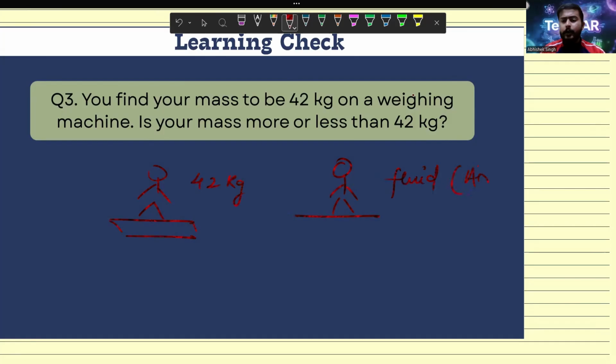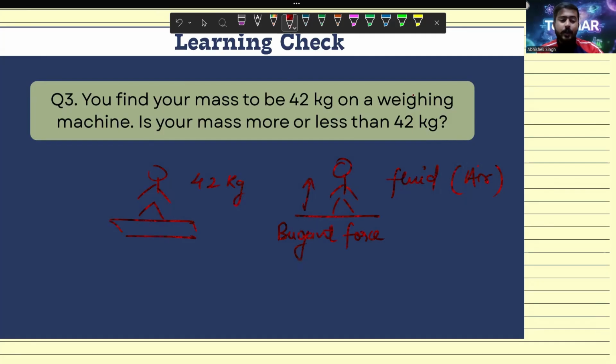Every fluid applies an upward force on an object immersed. If you are living in this atmosphere, you are actually immersed in this atmosphere. So this atmosphere will also apply an upward force, that is also called buoyant force, due to which the weight of yours is reduced a little bit.